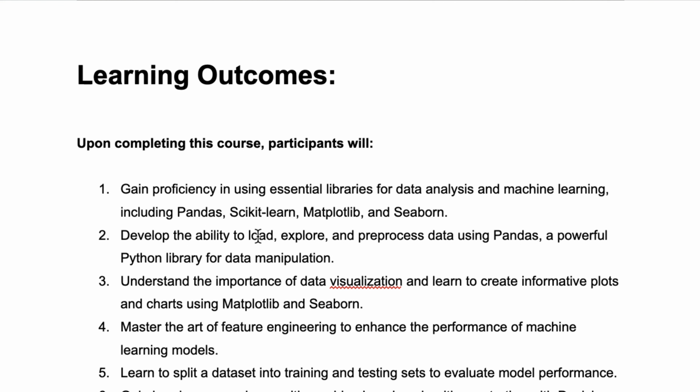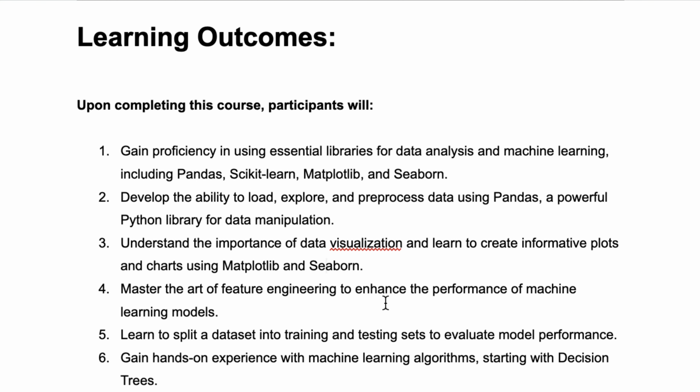You will develop the ability to load, explore and pre-process the data with the help of pandas, and create all the important data visualizations with the help of matplotlib or seaborn. These are libraries to create plots and charts. Using matplotlib and seaborn, we can draw different charts, graphs and data visualizations.